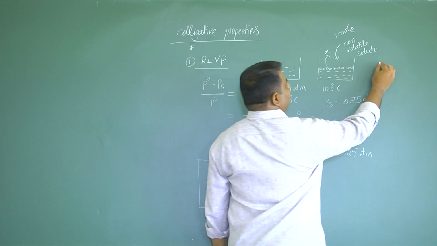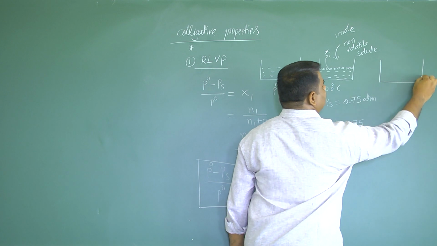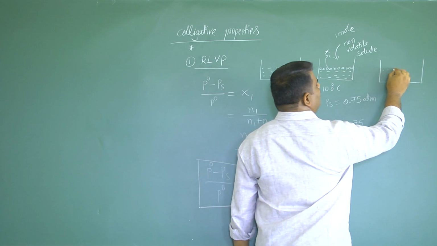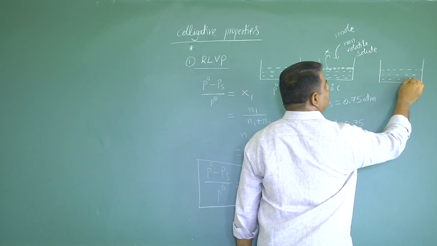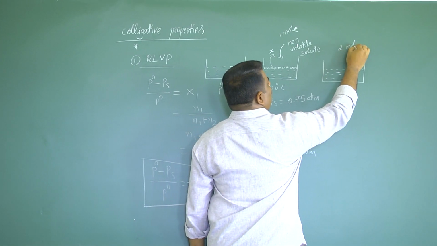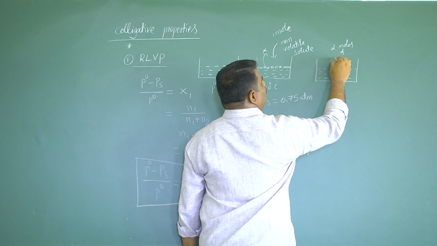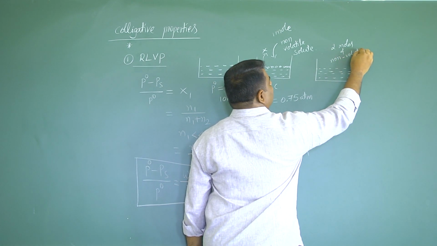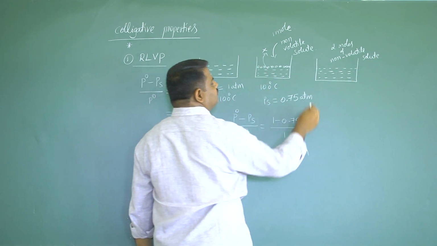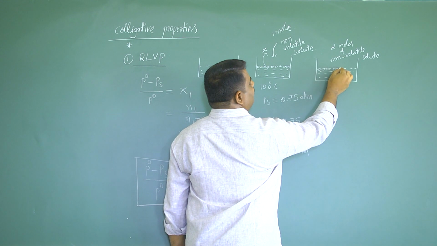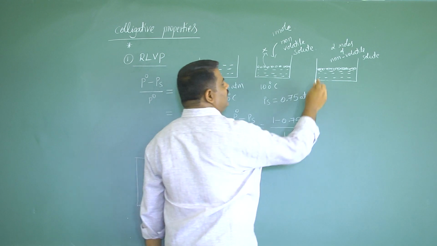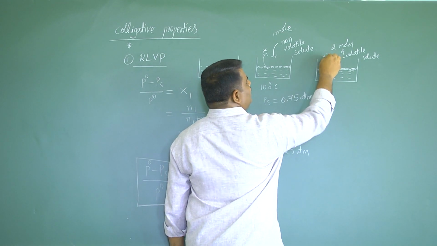In other case, same volume of water is taken. To this, 2 moles of non-volatile solute is added. Then the surface area of water further decreases here and rate of vaporization further decreases.